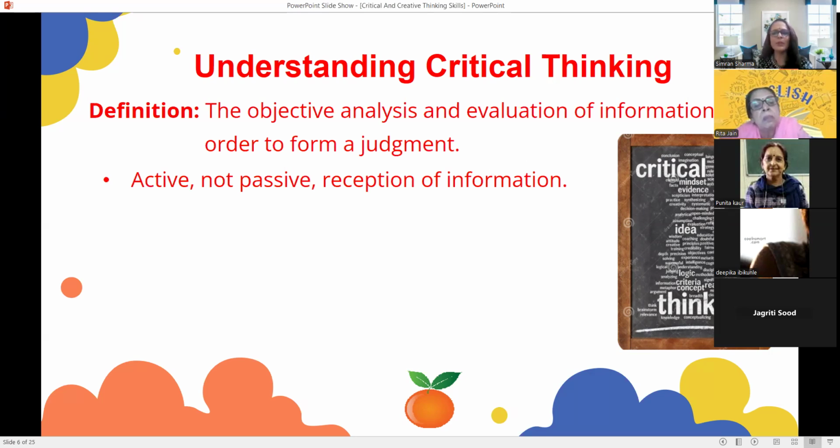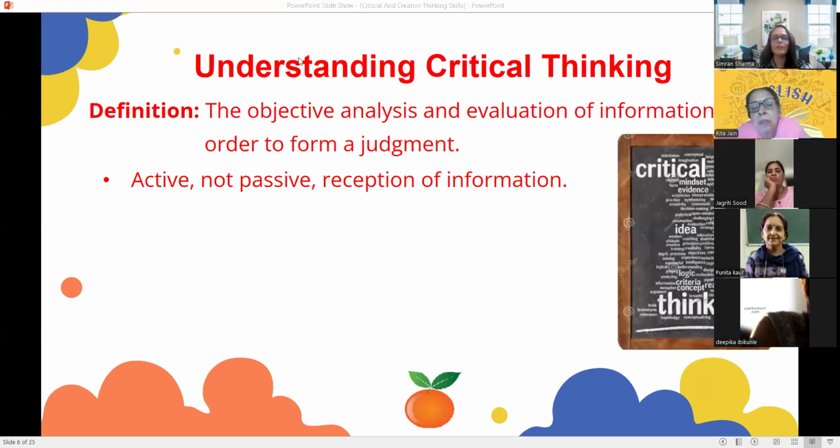Now, let me make you understand what we are talking about. Suppose you are suffering from some kind of allergy, and you get a social media post that a particular fruit, when you eat it, is going to take care of all your allergies. Now the passive way is to just accept it and start eating that fruit. But when you engage actively, you go for the source of that information.